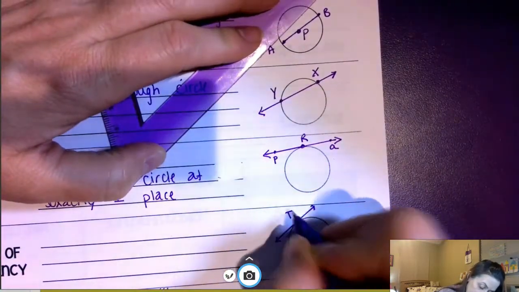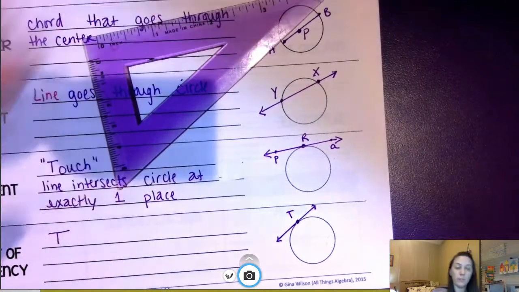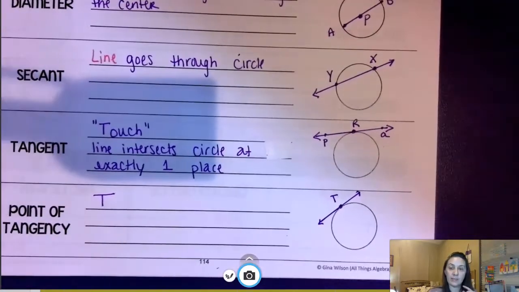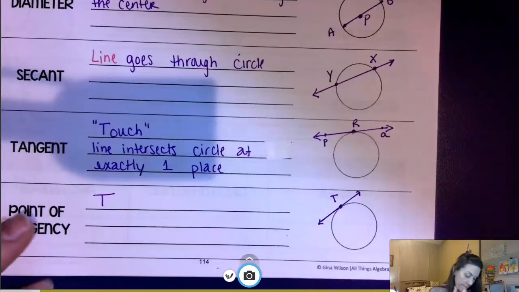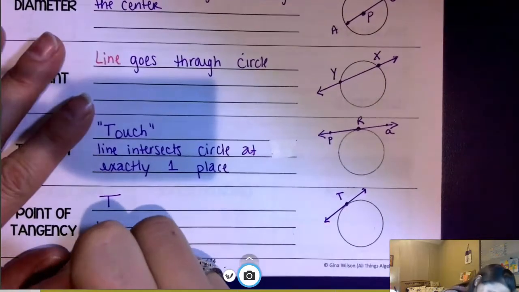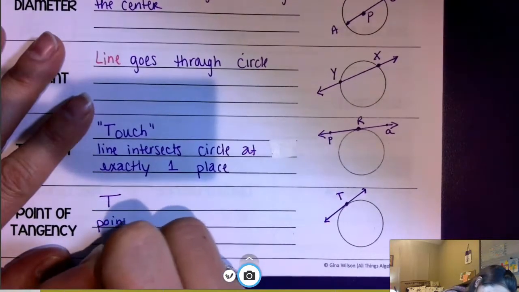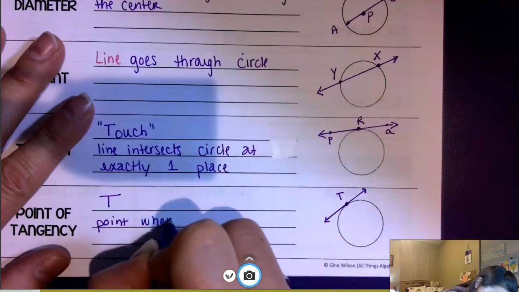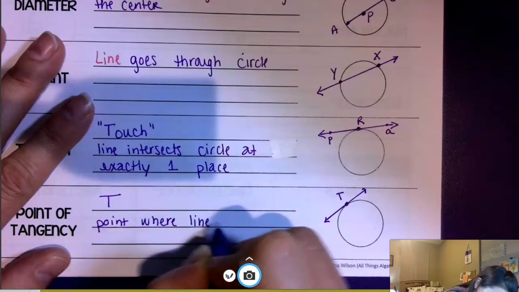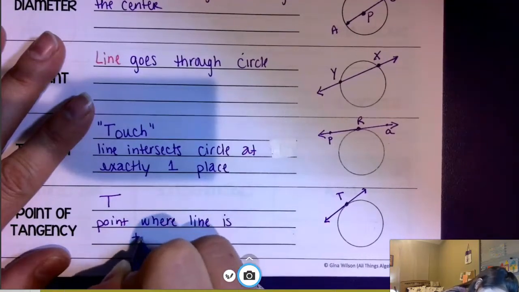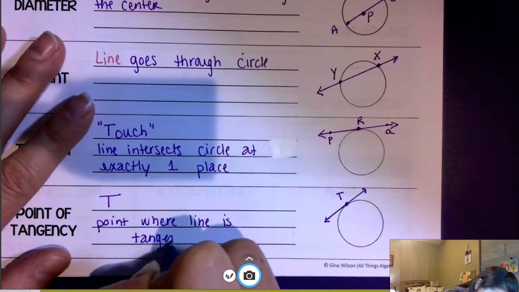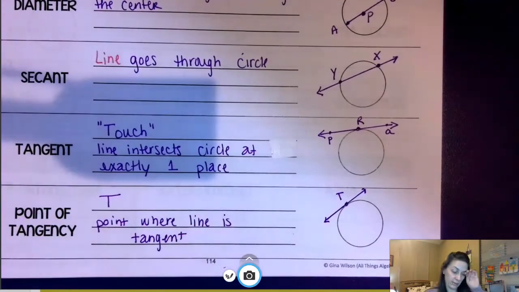So let's say this is T. T would be the point of tangency, where the line is tangent at. Point where a line is tangent.